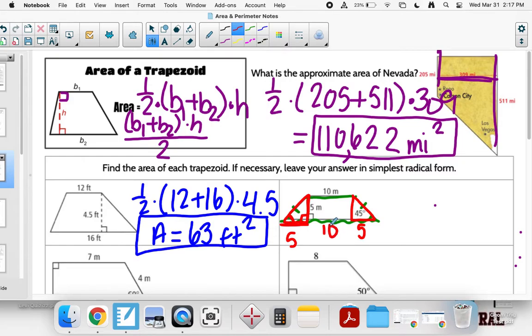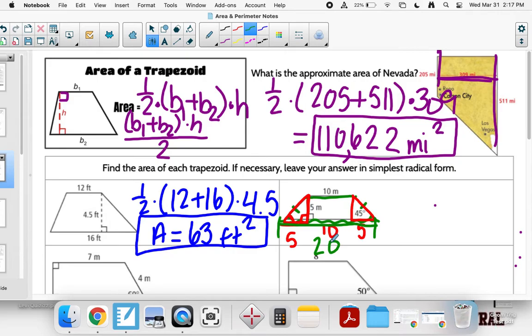So, what is that entire base? 20. This entire thing is 20. Questions on how we got that 20? None? Okay.